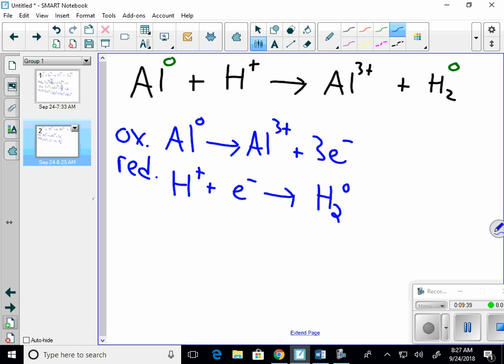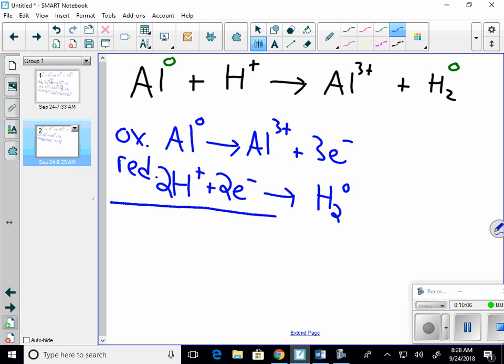But to balance my reduction equation then, I first have to identify that I have 2 hydrogens on the product side. I need to put a coefficient 2 in front of my H plus on the reactant side to balance out my number of hydrogens. Then to balance out the charge, I need to have 2 electrons there as well.